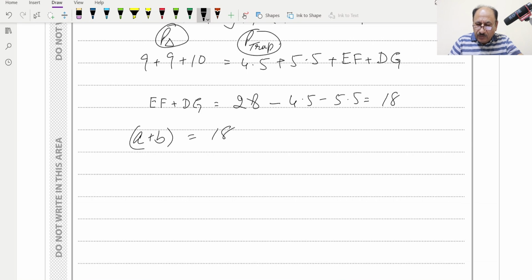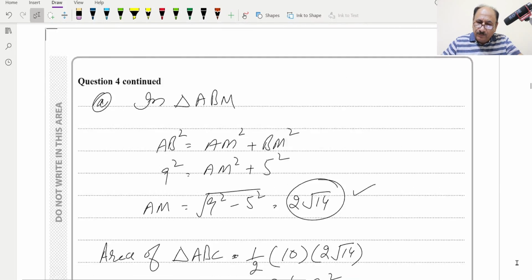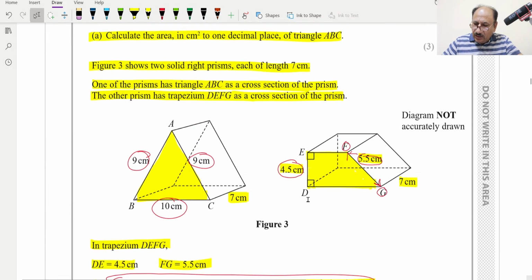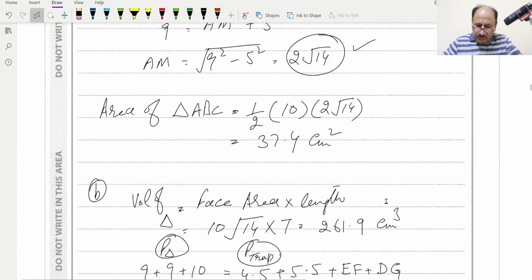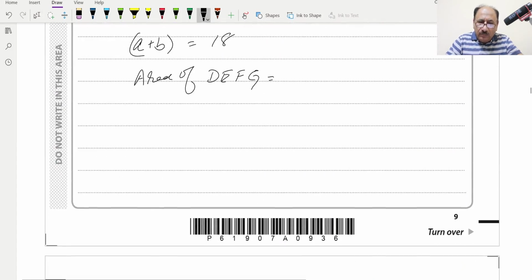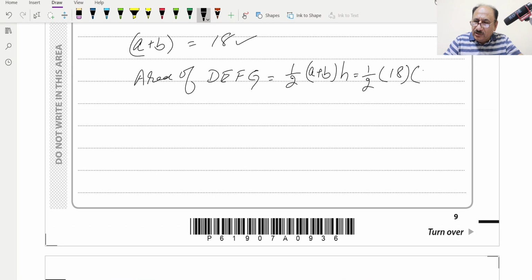In case of trapezium, we have formula of area of trapezium. Area of trapezium DEFG will be equal to 1 by 2 into A plus B into H. This will be equal to 1 by 2, A plus B value is 18, so we'll write here 18 into height is 4.5.